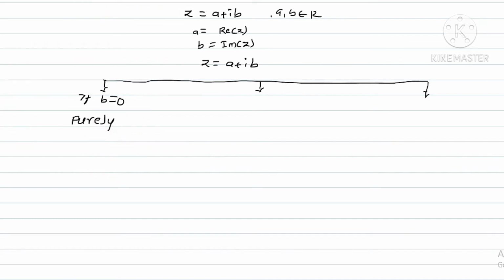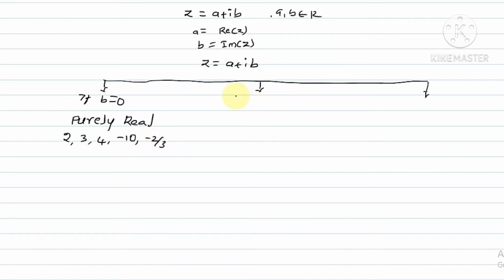So when b equal to 0, this is called a purely real number, because the iota term vanishes. Purely real numbers means we can write 2, 3, 4, minus 10, minus 2 by 3, and so on. These are the purely real numbers.